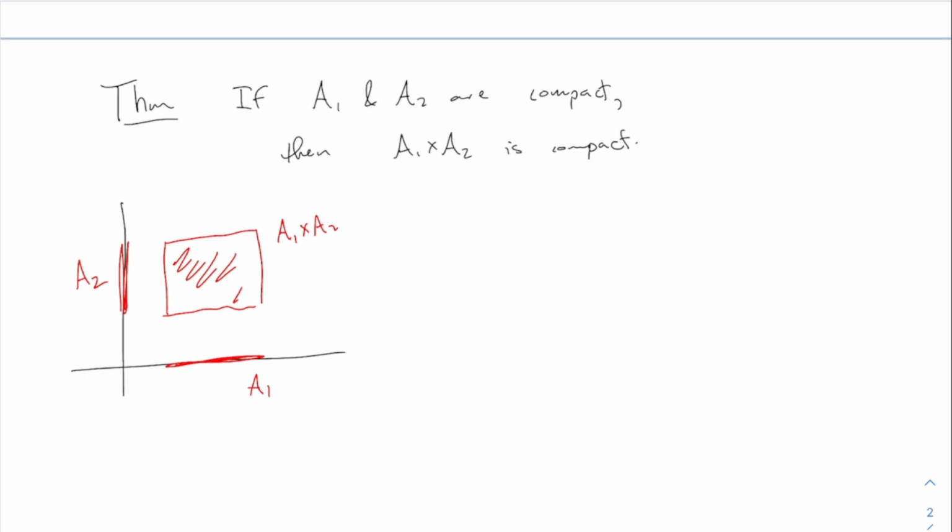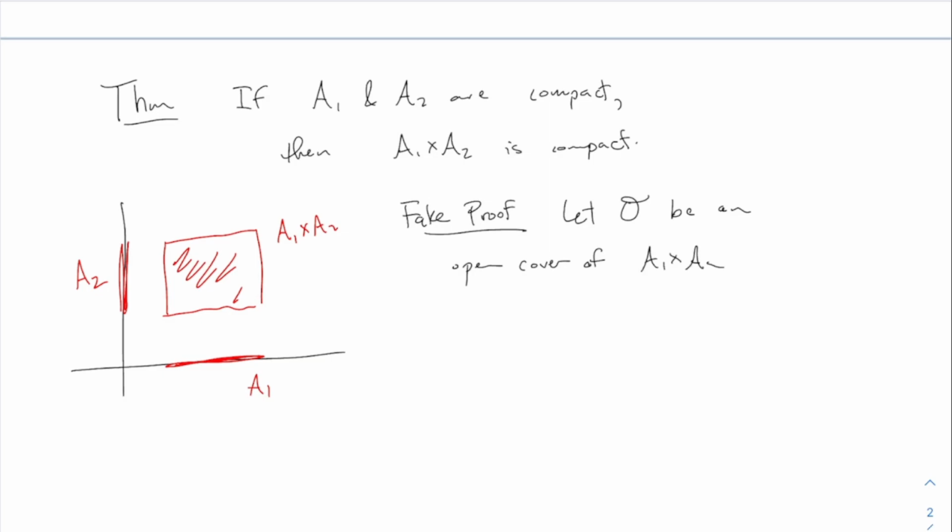To show A1 cross A2 is compact, I'm going to give you a sort of fake proof. What I'm about to say is not quite a fully legitimate proof, but it's somehow close. My fake proof would be: you begin, as always, to show something is compact, you start with some open cover, and you have to find a finite subcover. So I'll say let O be an open cover of A1 cross A2.